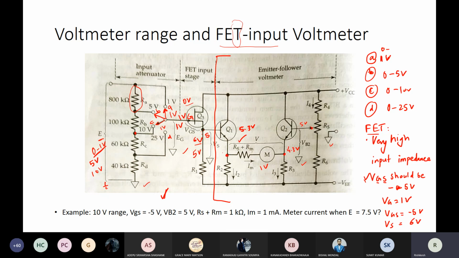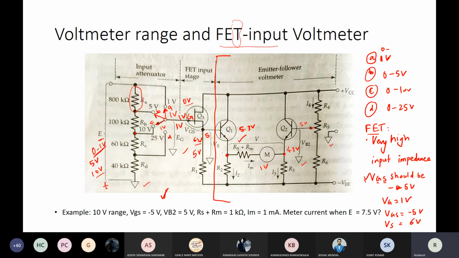So if you connect any range now, since by this voltage divider arrangement only 1 volt will go corresponding to the maximum value of the voltmeter range, whether it is 0 to 1 volt, 0 to 5 volt, 0 to 10, or 0 to 25, the same discussion will follow. We come to the same conclusion that this will always be at 1 volt maximum for full scale deflection, right? So this is how the voltmeter range can be changed and the FET input can be applied.